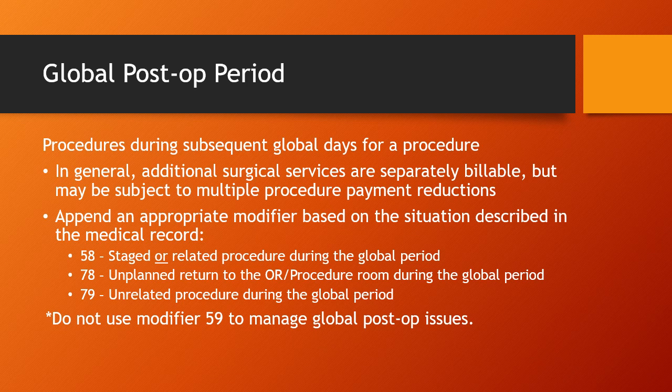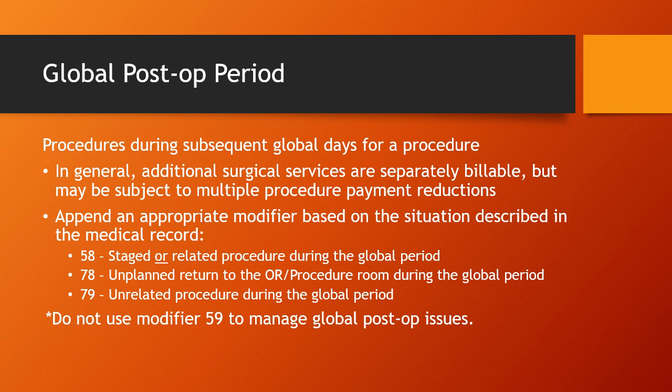And then I'm also using a 58 for a staged procedure. So the real kicker, the real difference with the 78 for an unplanned procedure is where the service happens. If I'm returning to the OR or the procedure room, it's a 78. Otherwise, it's going to be a 58.